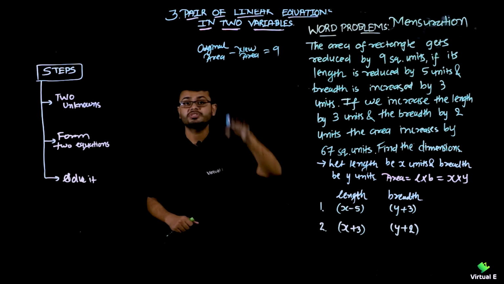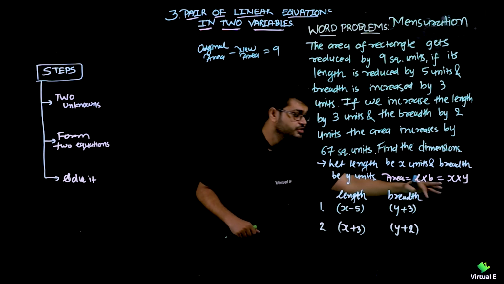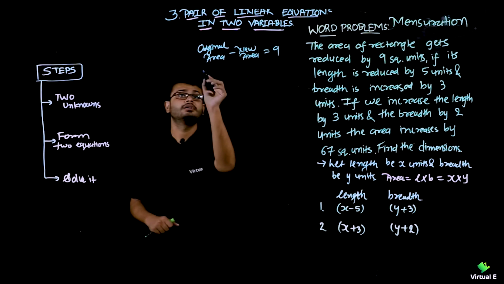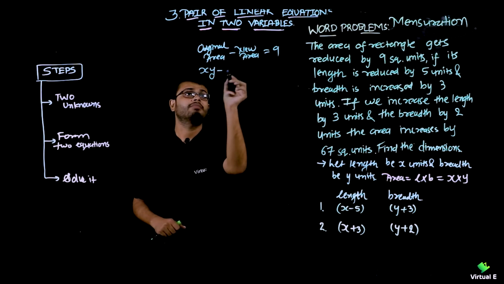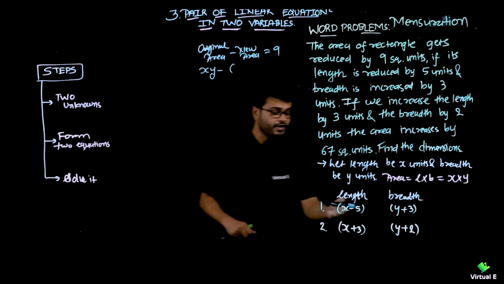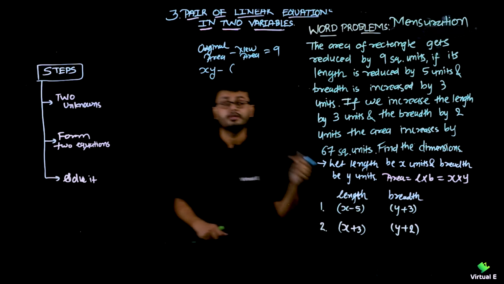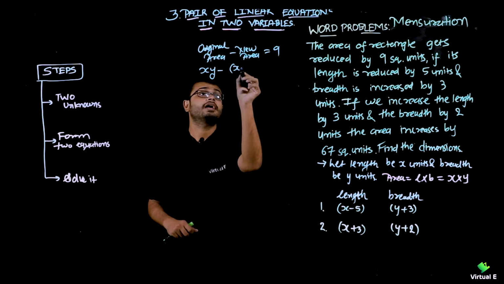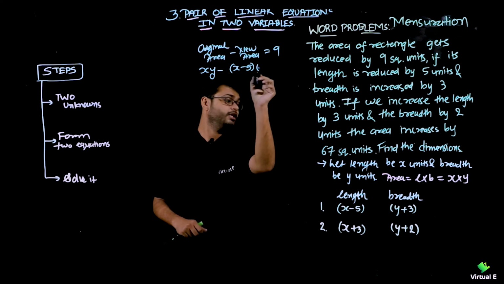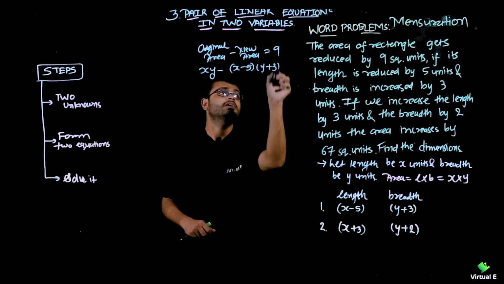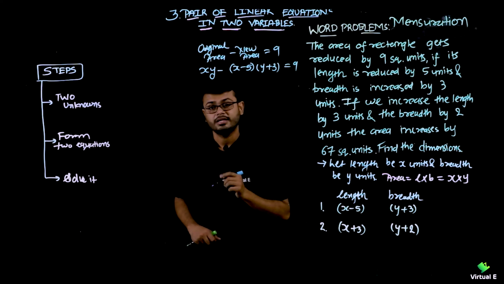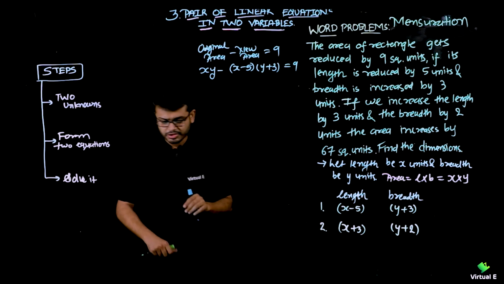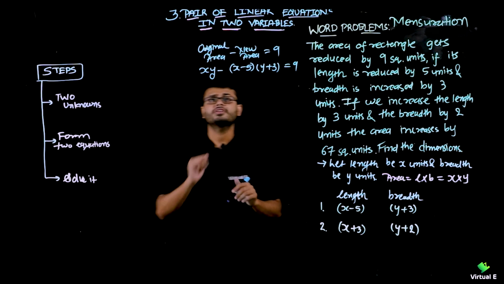This is reduced by 9 square units. So original area is what? xy only. So xy minus new area, I need to multiply over here, right? So that is (x minus 5)(y plus 3) is equal to 9. So I need to simplify this equation and I will be getting my first equation.